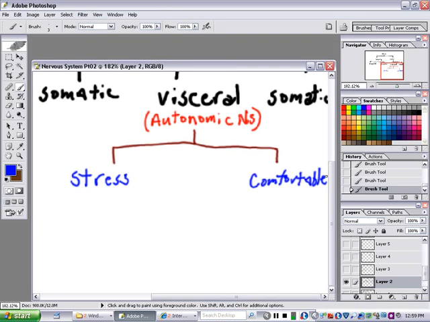Scientists give a common name to the situation when you're under stress. Does anybody remember what that common name is? Or that common phrase? Fight or flight. And that's the stressful situation.